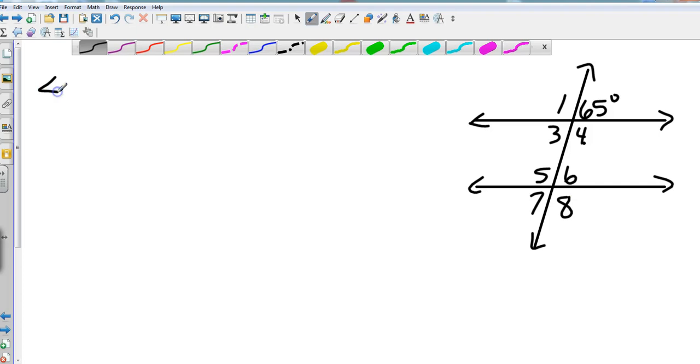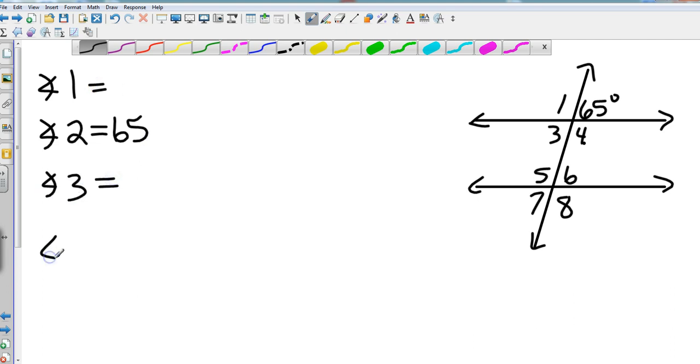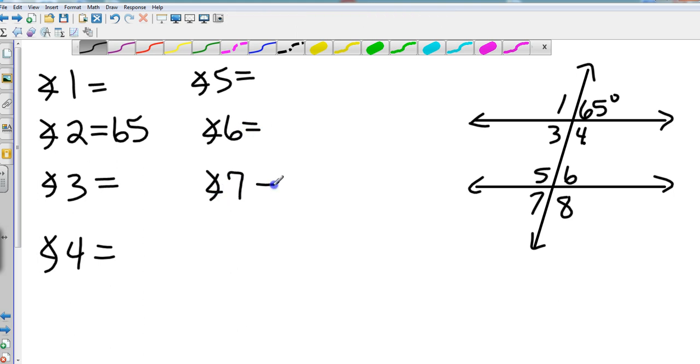Obviously, angle 2 is 65 degrees. What you will see here in just a second is that because we have a linear pair that's formed, all of our answers are just going to be 2 different angles.